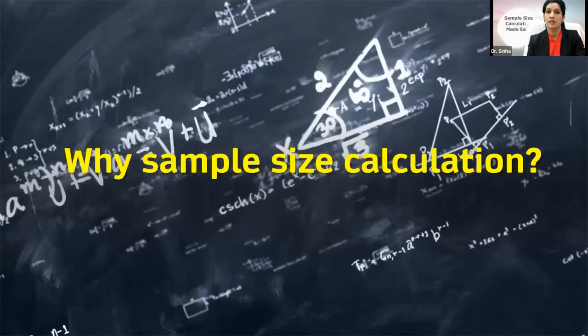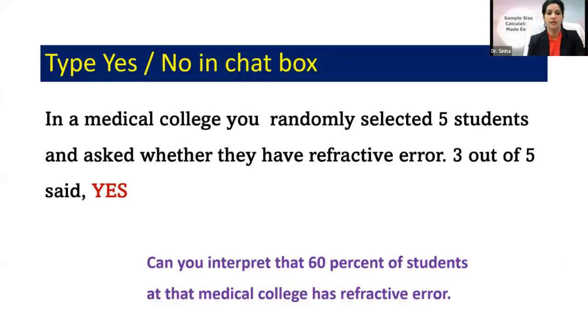In a medical college, you randomly select 5 students, and that could be any medical college, you can imagine your own. You ask whether refractive error is there or not. Out of 5 students, 3 have said yes to this question, so the proportion is 60%.